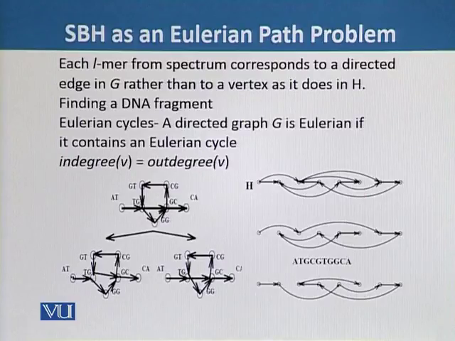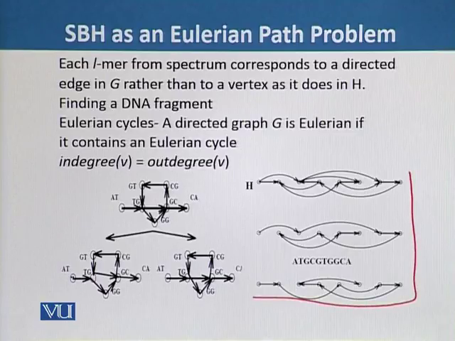So each L-mer from the spectrum corresponds to a directed edge in G, rather than to a vertex as it does in H. As we can compare the two diagrams, earlier we have seen the Hamiltonian graph, this is the H graph and this is the G graph.